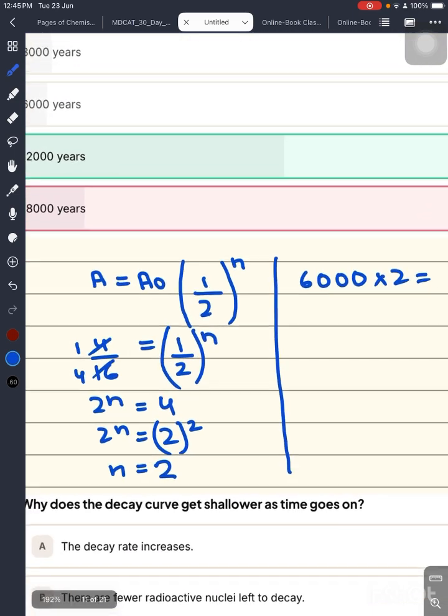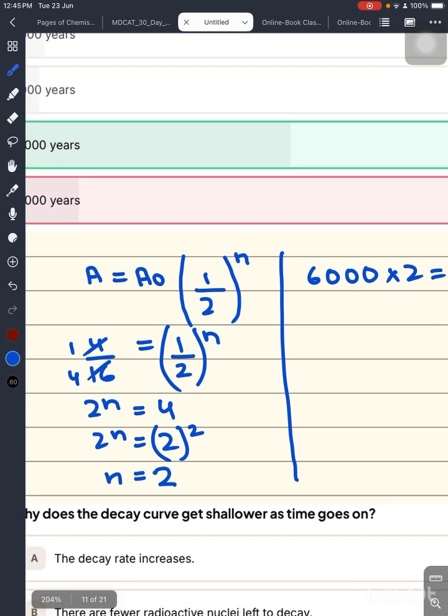So simply what we're going to do is, as we know, the activity at the instant point is equal to the initial activity times (1/2)^n. So we will find the n first, and the n will be 2.